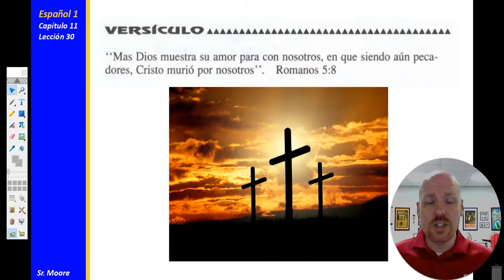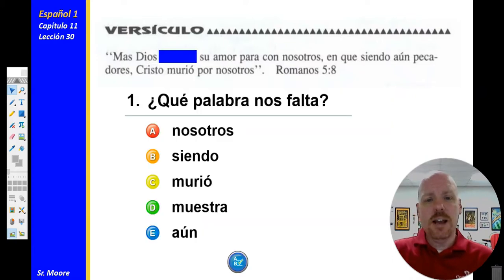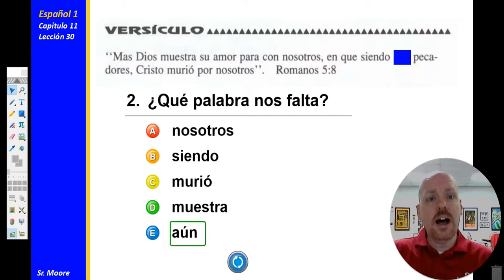Dígalo, clase. Romanos 5:8. Mas Dios muestra su amor para con nosotros, en que siendo aún pecadores, Cristo murió por nosotros. Romanos 5:8. Let's check some of these missing words as we review our verse, Romanos 5:8. ¿Qué palabra nos falta aquí, clase? La respuesta es muestra, shows, muestra. ¿Y aquí qué palabra nos falta? La respuesta es aún, even or still, aún. Y tres, ¿qué palabra nos falta?